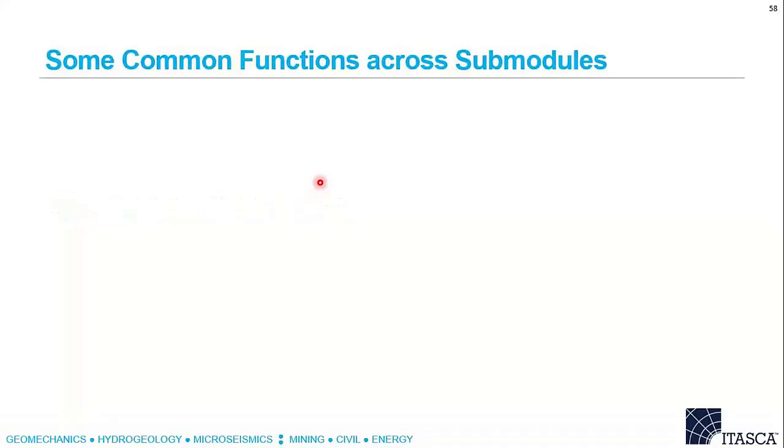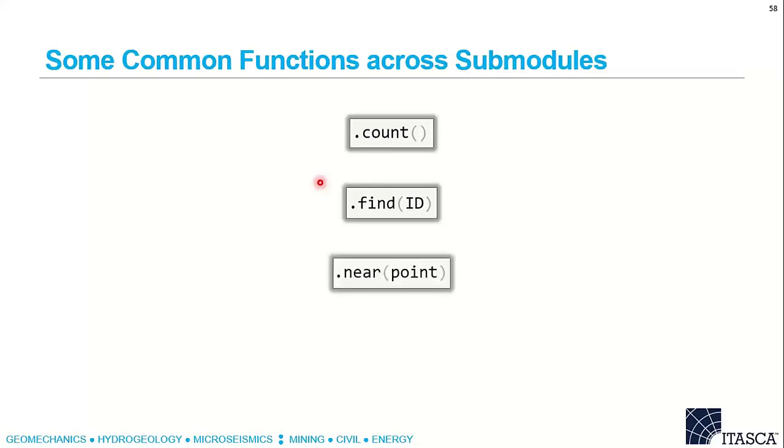For example, some of the common functions across submodules are a count function, which returns the count of all of that type, a find function, which takes the ID of a type and returns the equivalent object, a near function, which returns the object nearest to a specific point, and a list function, which returns a list of all of the elements of that type.